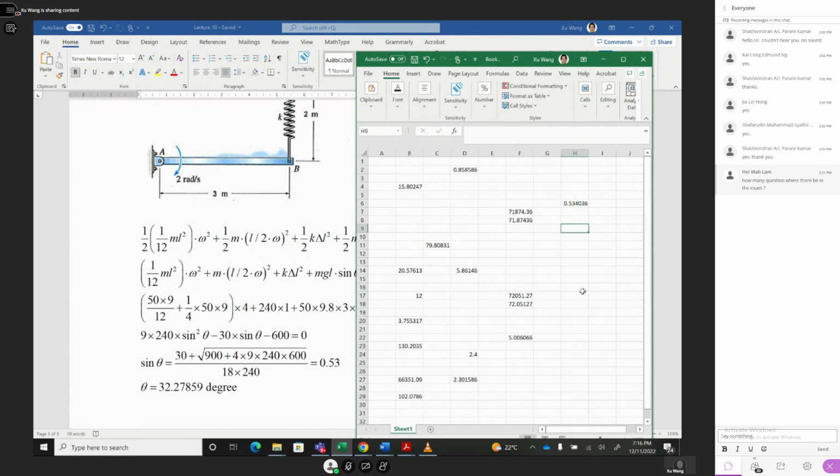Okay, 0.53, and then theta should be equal to arcsine. Arcsine gives you radians, and to get the degrees you multiply by 180 divided by pi.